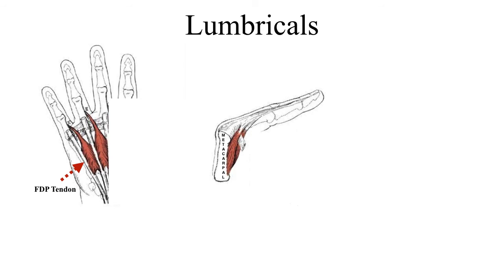If you see the origin, it originates from the flexor digitorum profundus and it courses anterior to the metacarpophalangeal joint as seen in the second picture, and it inserts into the dorsal aspect of the extensor expansion. So since the muscle courses anterior to the metacarpophalangeal joint, when the lumbricals contract, it causes flexion of the metacarpophalangeal joint, and since it is inserted on the dorsal aspect of the finger, it further extends the interphalangeal joints of the fingers.